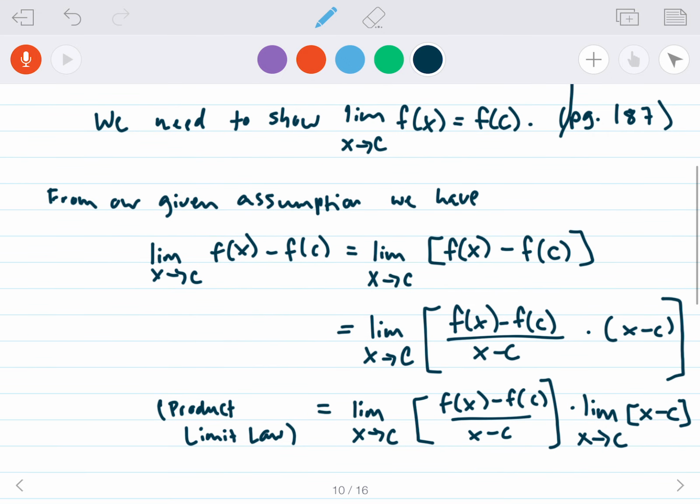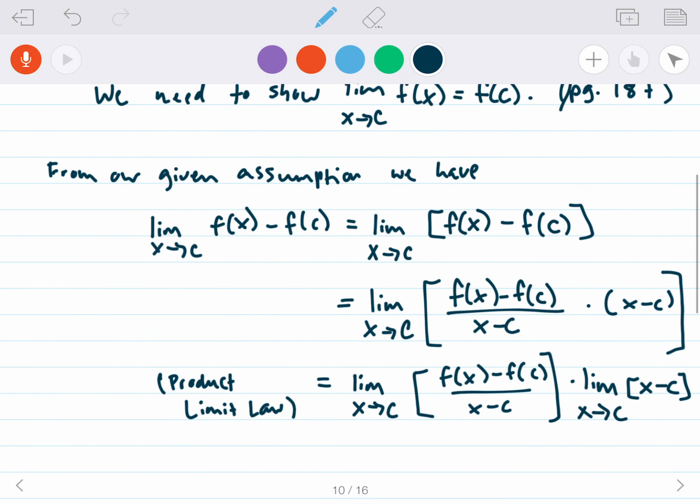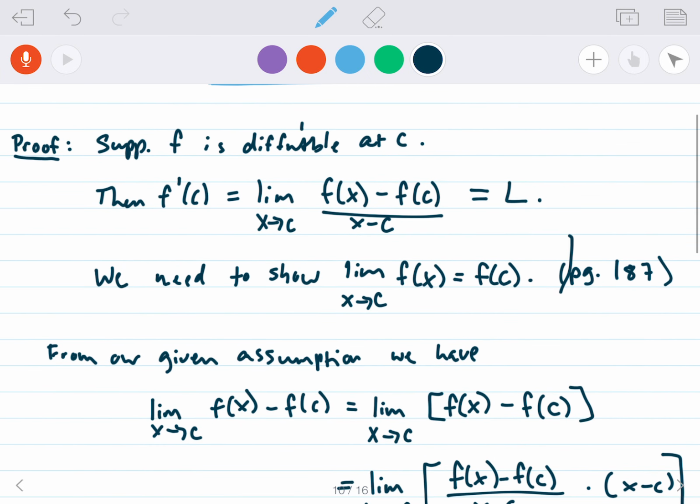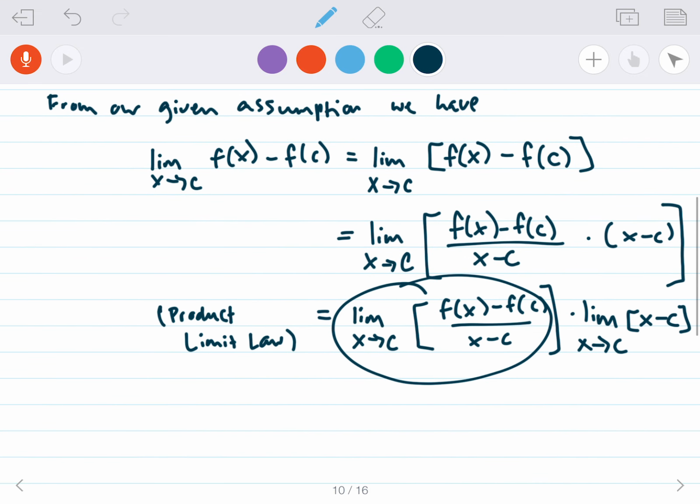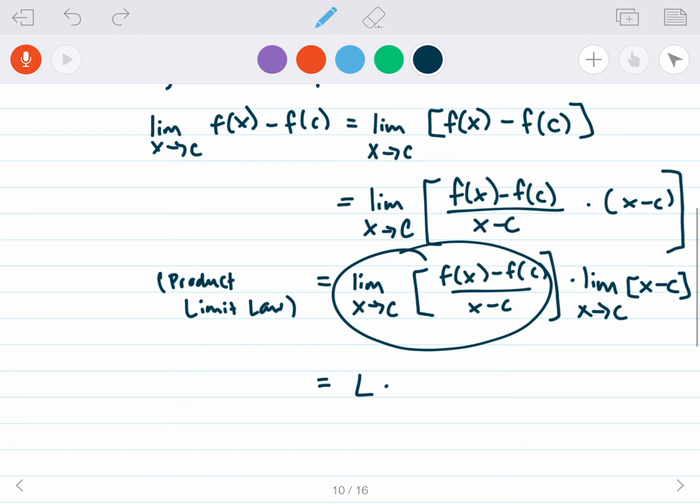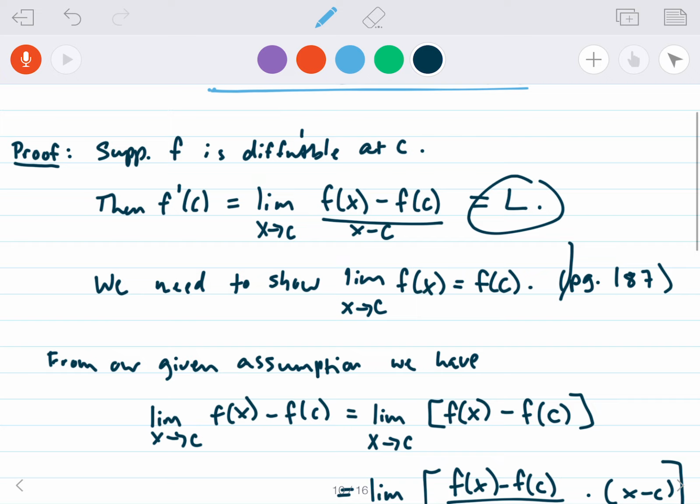We know that this limit right here is equal to L by our assumption. So this is equal to L times, well, x minus c is certainly continuous everywhere. So we're allowed to plug in c for x to evaluate this. So this is just c minus c, which is 0. So this equals 0. And we have shown our claim, right?